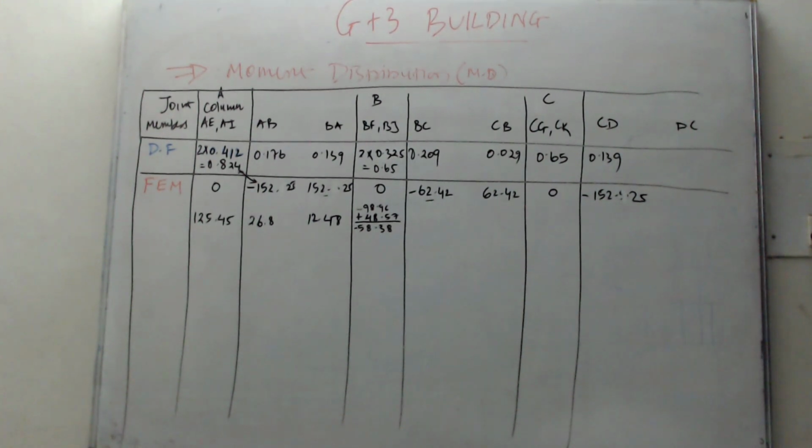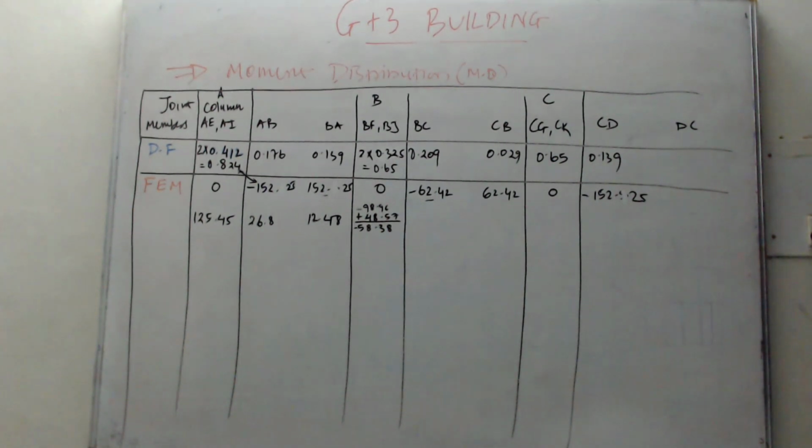let me open the calculator. At point BC, what you are getting? 152.25 is a moment already there, and the next moment is coming as minus 62.42. Alright, so let us calculate that. I'll just open the calculator for you guys so that you can understand it in a better way. It's a hands-on tutorial.